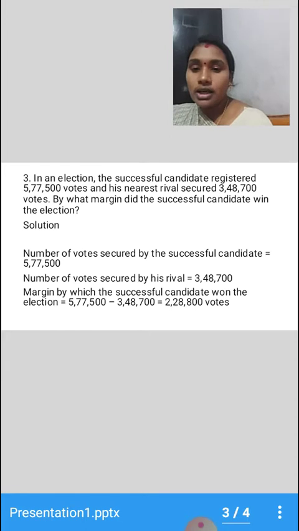So, the margin by which the successful candidate won the election is, which has to come on the top, children? 5,77,500.